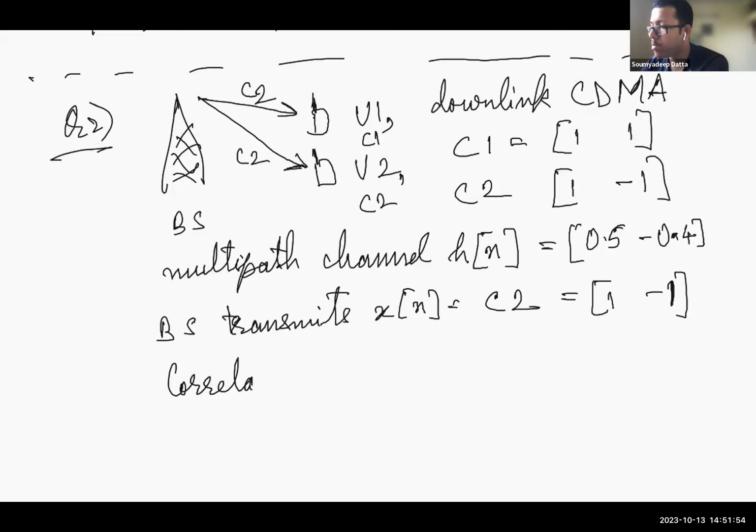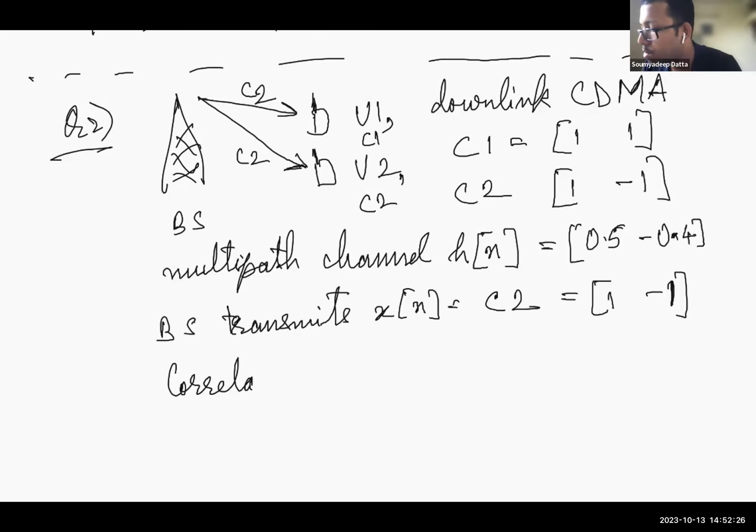So I'll just multiply this with 1, 1, and there are two more terms, which we'll just assume zero padding, because that's what is done for the remaining coefficients that don't exist. So what does this correlation give you? 0.5 times 1 minus 0.9 times 1. So this gives you a negative correlation, minus 0.4.